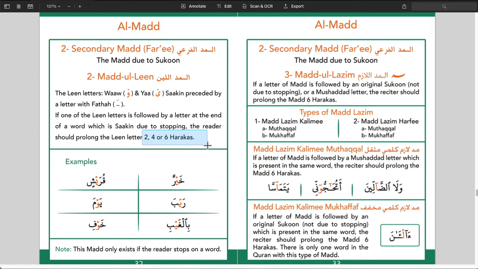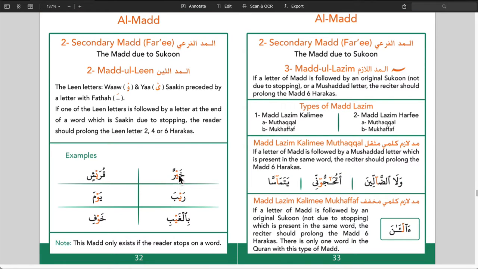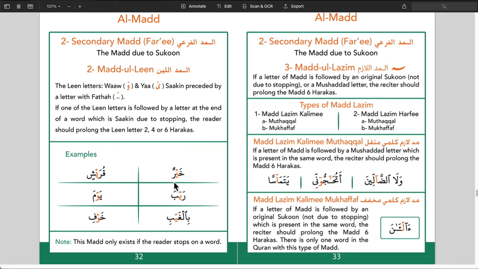Okay, so that reminds you of Aridh liSukoon. It's all the same. Okay, the distinction is just that it was a Leen letter before it. You see, fatha followed by ya sukun or fatha followed by waw sukun. How it reads, خير.